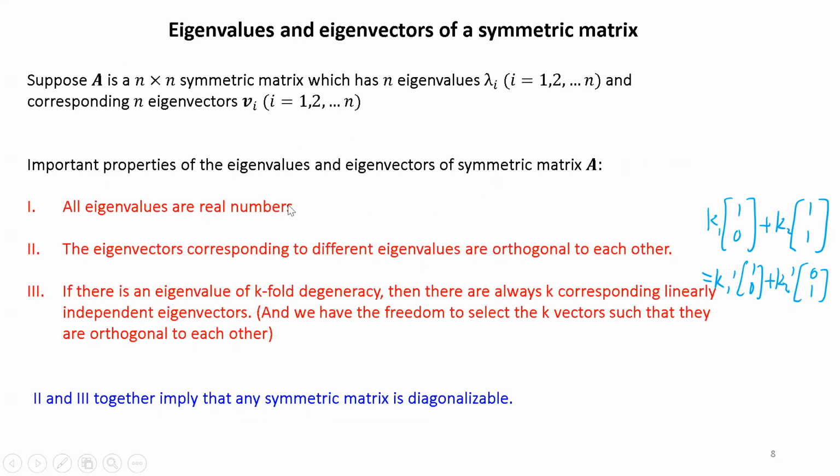So let me spend a bit of time quickly going through the proof of the first property. It's actually very short. All eigenvalues are real numbers.